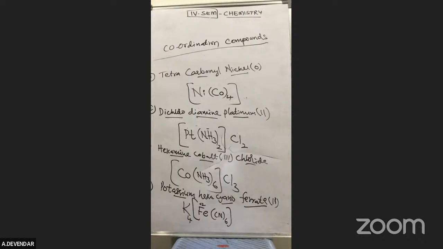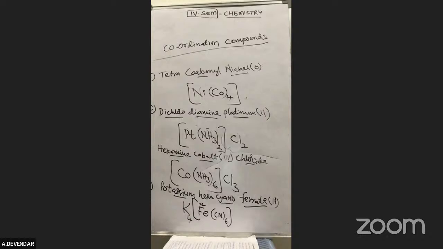Now coming to the theories of coordination chemistry. The main important theories which are present here: Werner's theory. So what is Werner's theory? What is given as a complex compound? In Werner's theory, as I already told, we have the primary valence and the secondary valence.